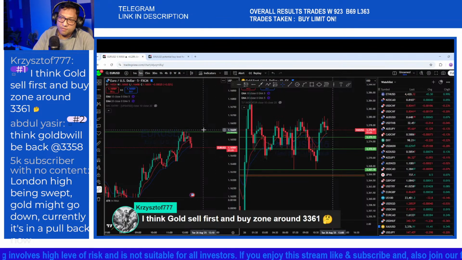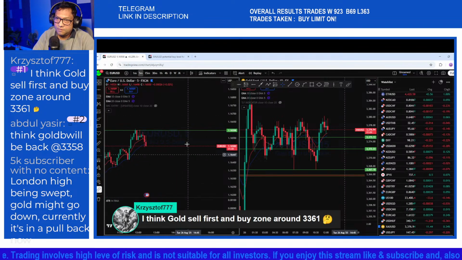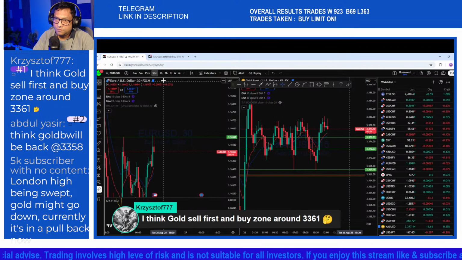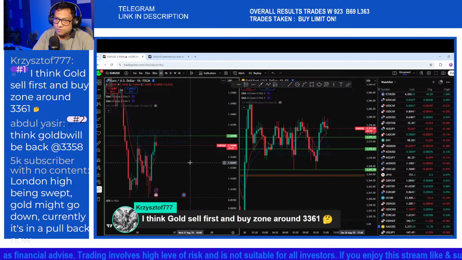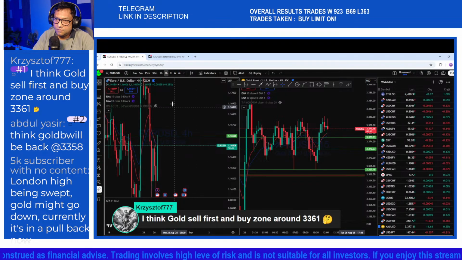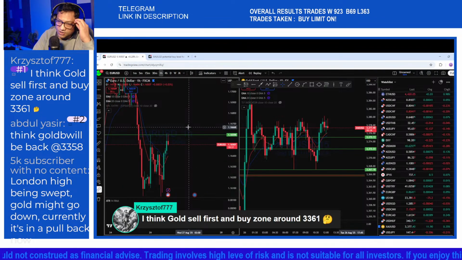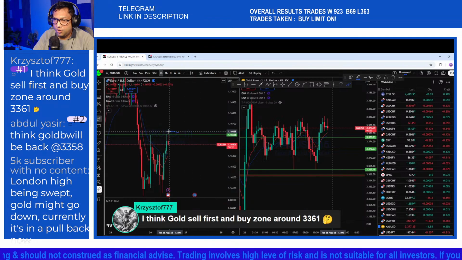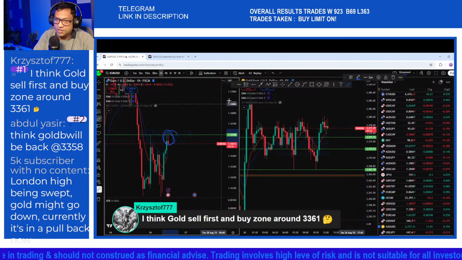Euro dollar is also showing that bearish price action in this area here. There's a resistance line here on Euro dollar where there is a liquidity grab and a bearish narrow red candle formed in this area.